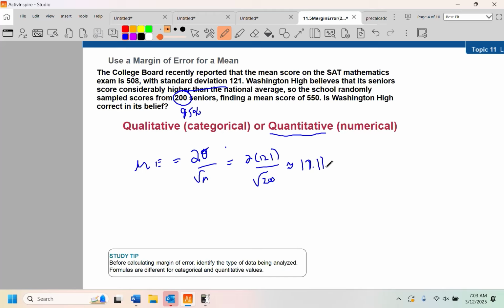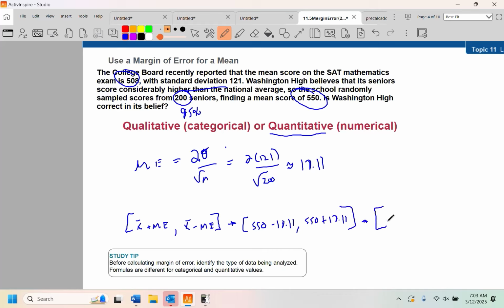Now, let's construct the interval. We're going to take our mean, which is 550 for our sample. We're going to do x bar plus the margin of error, and x bar minus the margin of error. So we take our 550 and subtract 17.11, and also do 550 plus 17.11.